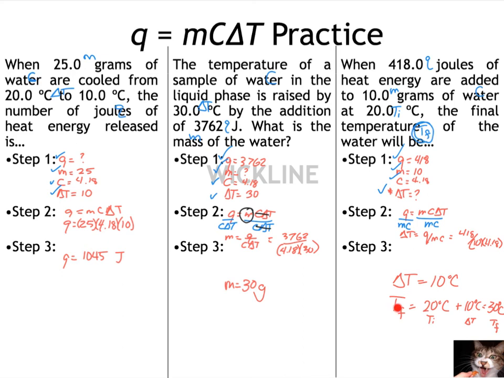To find the final temperature, you just need to take the initial temperature and add the change. And I'm adding that because it says the heat was added, because there are cases when you might subtract. So initial was 20, the change was 10, so 20 plus 10 is the final temperature, 30 degrees Celsius.